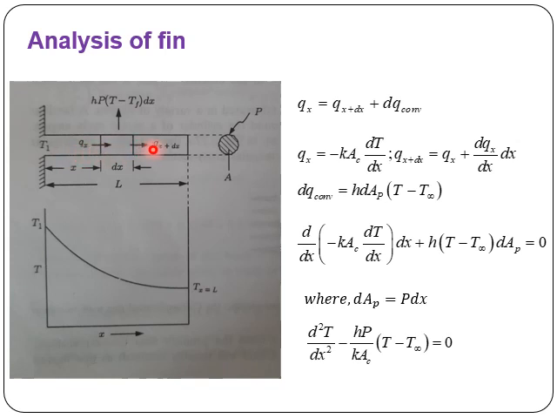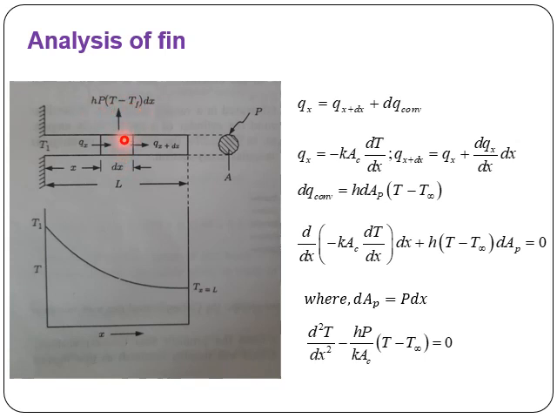The heat which is going out of the element by conduction is q(x+dx), and the heat which is convected to the surrounding is hA delta T, where h is the convective heat transfer coefficient, P dx is the differential area, or the elemental area, which is available for heat exchange, and T is the temperature at the surface of that strip, and Tf is the fluid temperature.